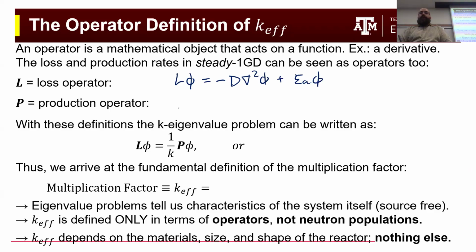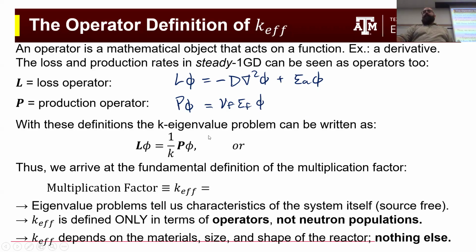And the production operator, P of phi, is an operator that acts on the flux to cause production of neutrons. That was nu times sigma f times phi. If I write my k eigenvalue equation in operator form, it would look like this. This is identical to the k eigenvalue equation we just wrote, but in terms of operators.